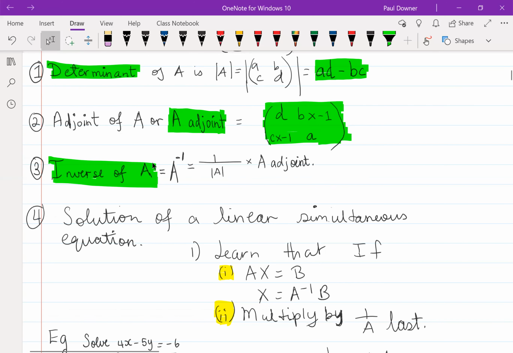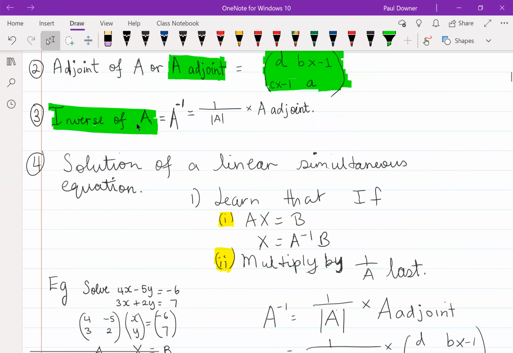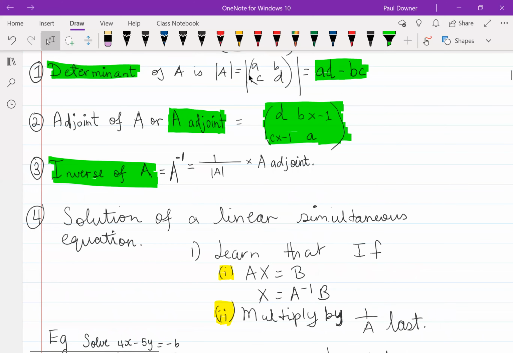The next thing you need to know, very importantly, is how to find the inverse of a matrix A, and that is written as A to the -1. How you find that inverse is you take 1 and put it over the determinant. Put 1 over the answer that you would have gotten when you did this calculation, and then you multiply that by this adjoint that you would have calculated.